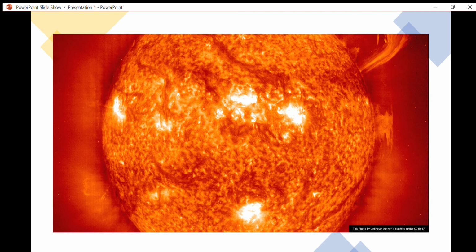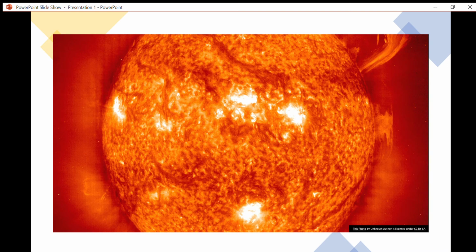So in conclusion, our sun is very amazing, and it has lots of features that are hidden inside it, and also lots of features that can be seen with special types of telescopes, but those features are usually very hot, such as a solar flare.